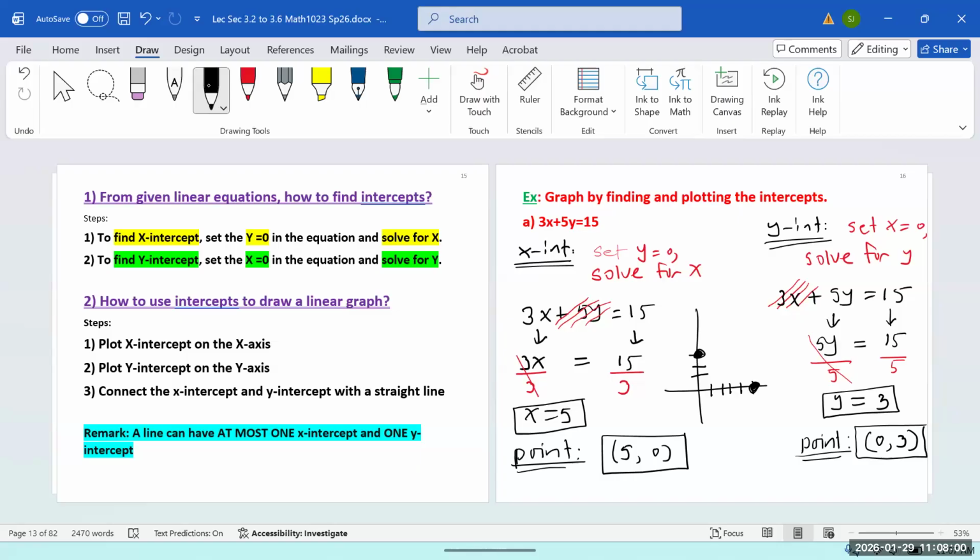And then all you have to do is connect them. So connect them with a straight line. This is 3x plus 5y equals 15. This line.